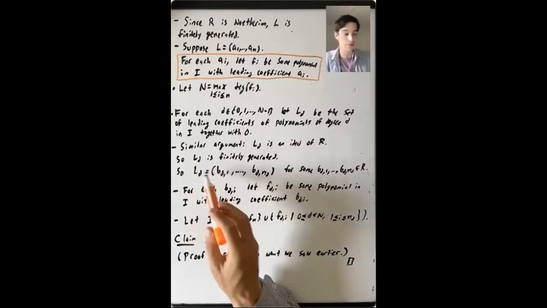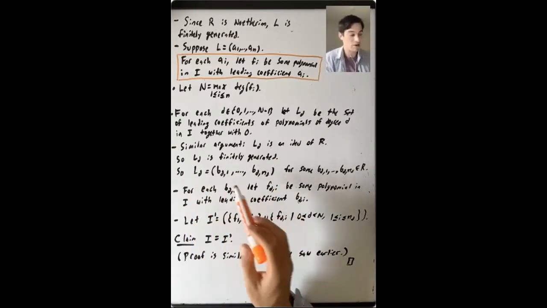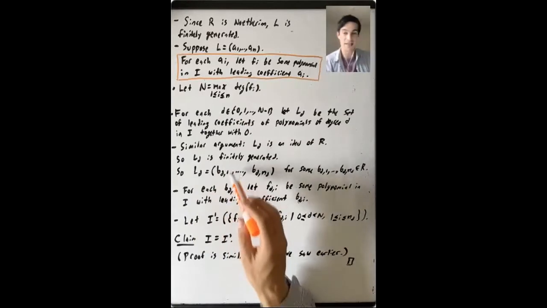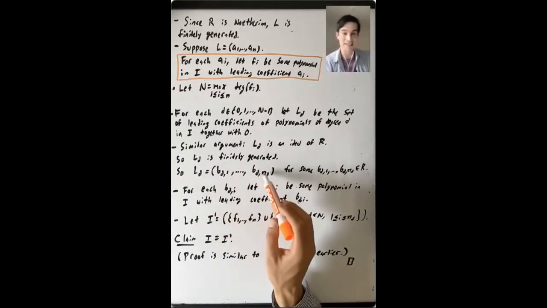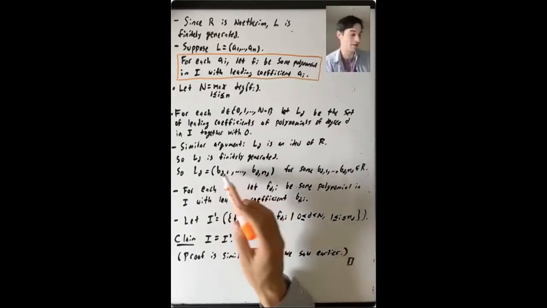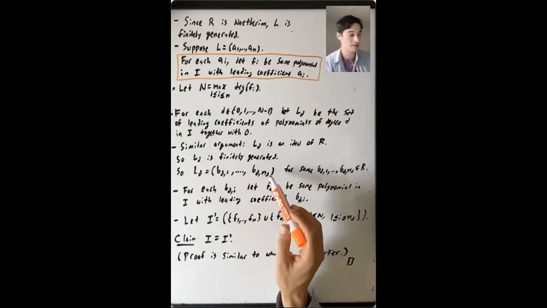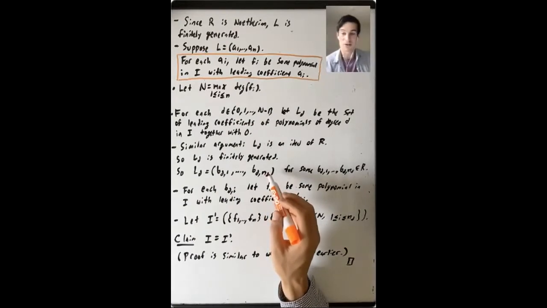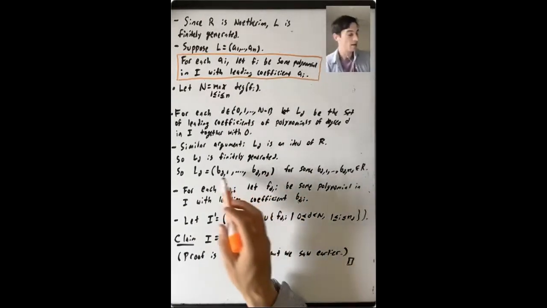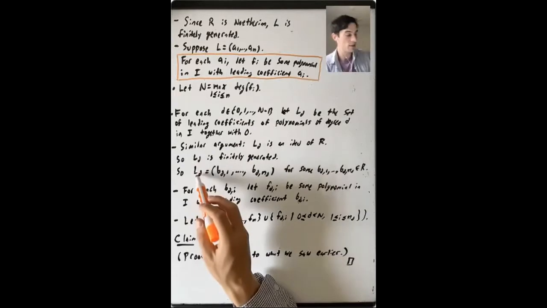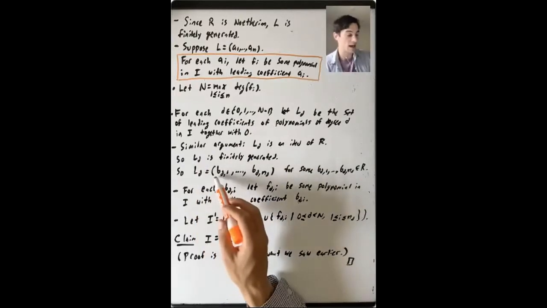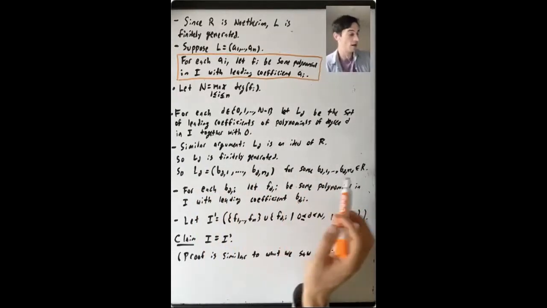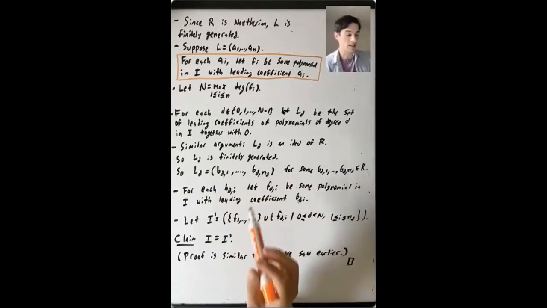So for each Ld, we can choose a finite generating set. It's generated by Bd1, Bd2, up to Bd,nd. This nd is just going to be the number of these generators. It's going to change depending on your choice of d. But for each one of these d's, we have this ideal Ld of R that has a generating set of nd elements of R.